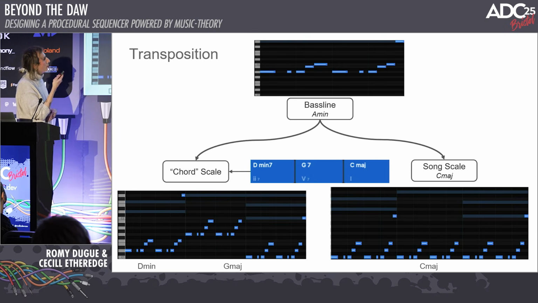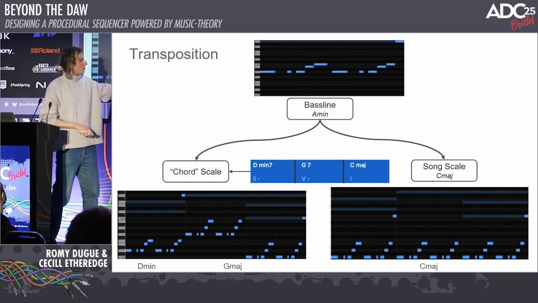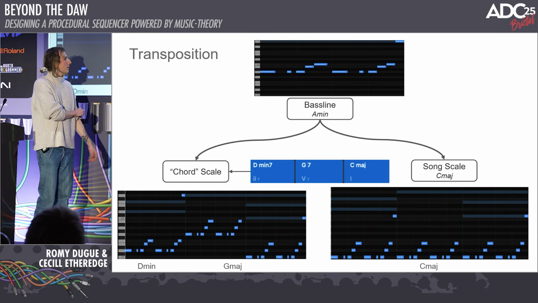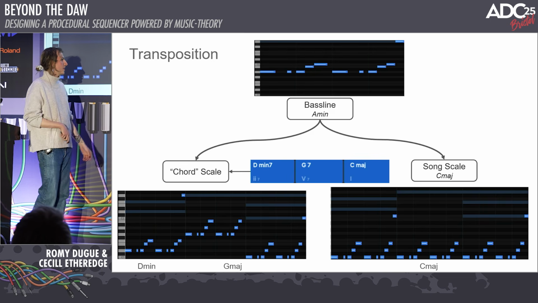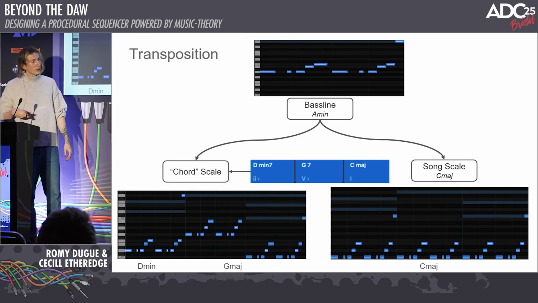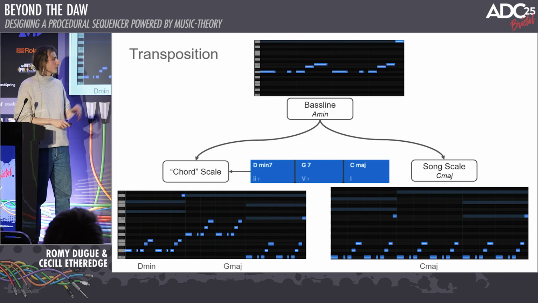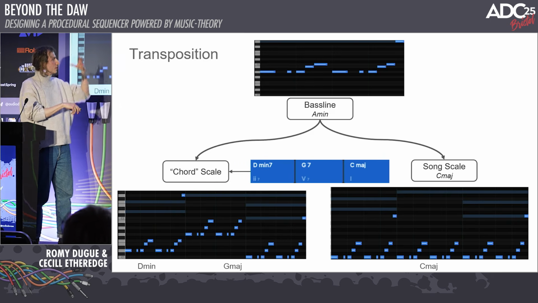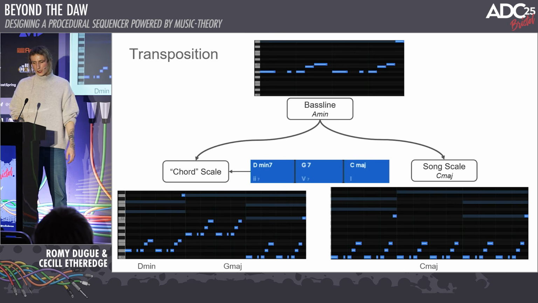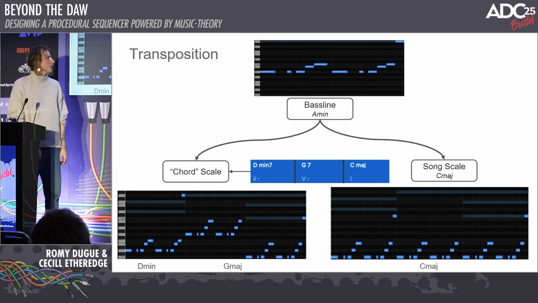All right, our bass line, we can also transpose it to the song scale. So C major, we're going to have a nice steady bass line over which the progression is going to unfold. Interacting something steady with something that is moving is a technique that is used a lot in rock music, for example.